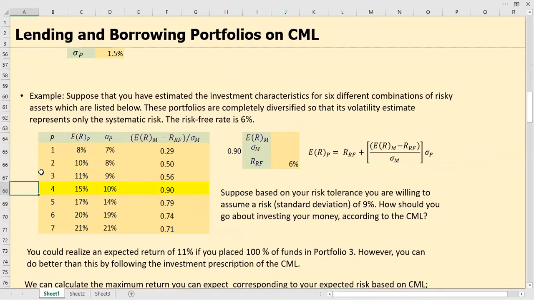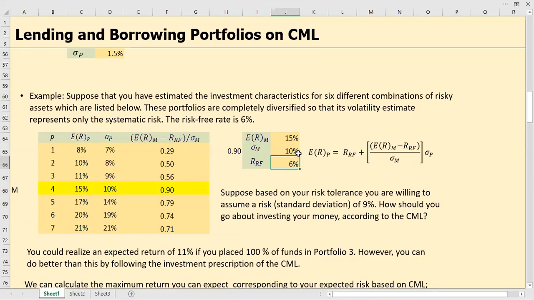So this is the market portfolio. I am going to take this 15% here, because that is the expected return of the market portfolio, and the standard deviation of the market portfolio is 10%. That's how you identify the market portfolio from the set of portfolios that are given to you.